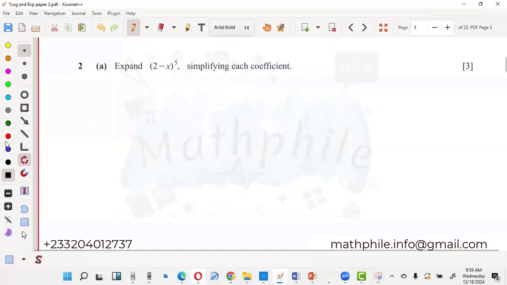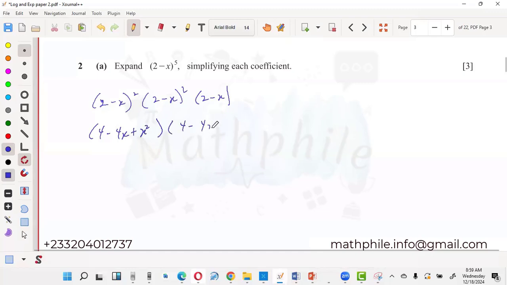But if you want to still try your hands on it, you can do the expansion this way: 2 minus x all squared times 2 minus x, where you can quickly expand this one to be 4 minus 4x plus x squared, then times 2 minus x. Then you take this one, expand, and multiply it by this one.